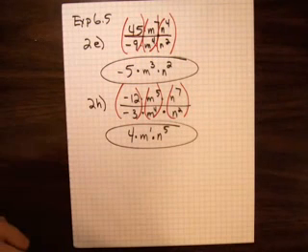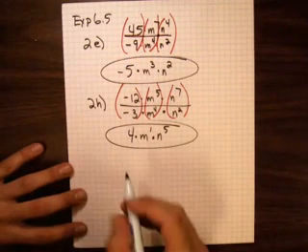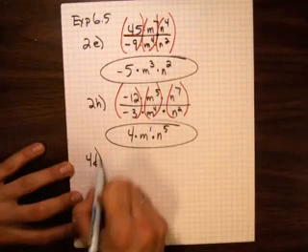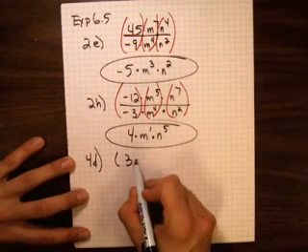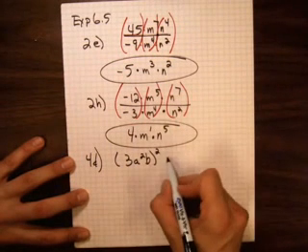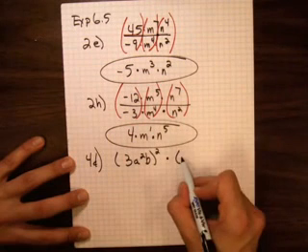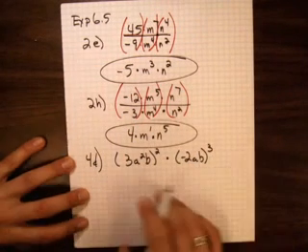Let's look at one that maybe is a little more complicated down at 4D. This whole group is being squared and then being multiplied to this whole group. Now, one way to do it is the old-fashioned way.